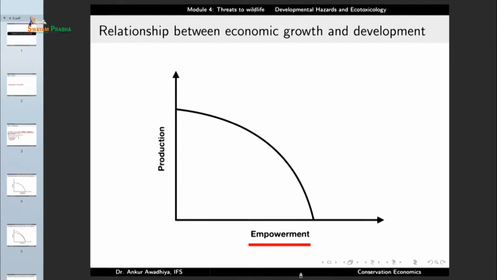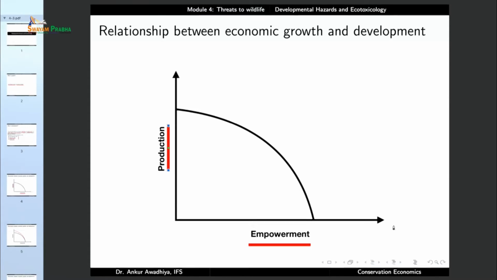So empowerment is a proxy that we are using here for economic development. Production is another proxy that we are using for economic growth. What is the amount of production that an economy is doing? Now, this curve is telling us about a trade-off between production and empowerment.